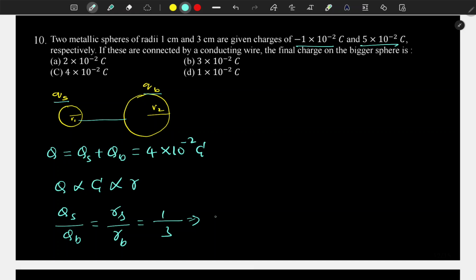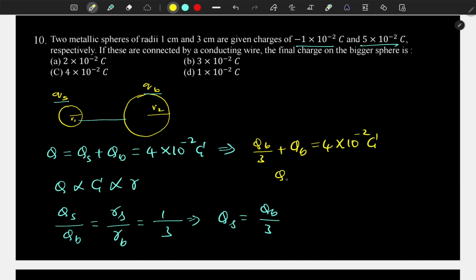Therefore Qs is Qb divided by 3. So if I substitute that here, Qs is Qb divided by 3 plus Qb, which is equal to 4 into 10 to the power minus 2 coulomb.